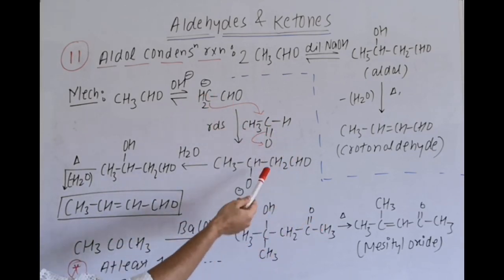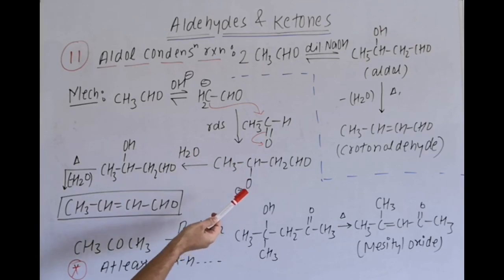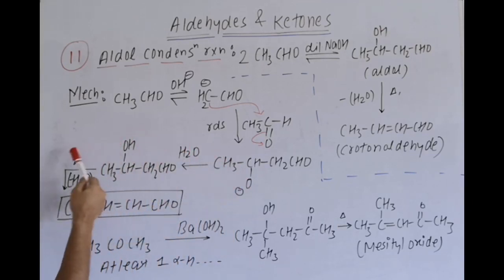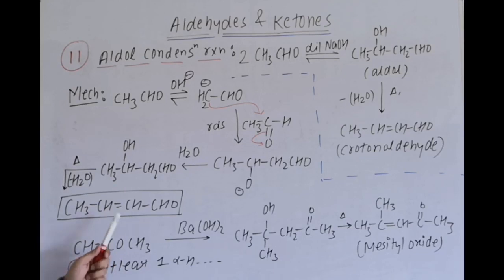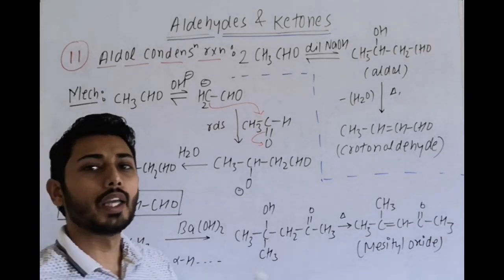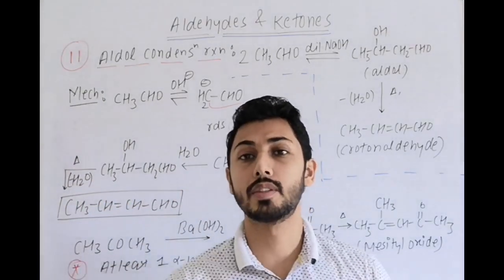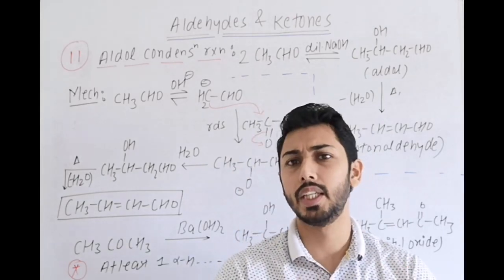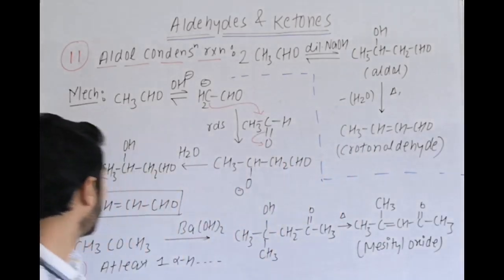You can directly write this as OH because in dilute alkaline medium water is present, and then after elimination it forms the alpha beta unsaturated carbonyl compound. Now this is a dehydration reaction in the next step, and if you remember the mechanism, it goes through E1CB. Otherwise we can simply say dehydration takes place.